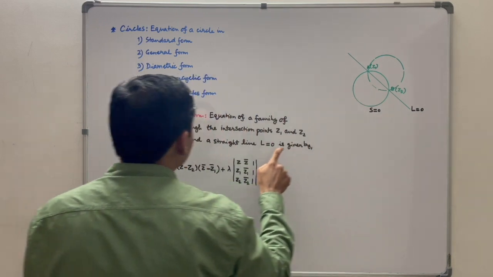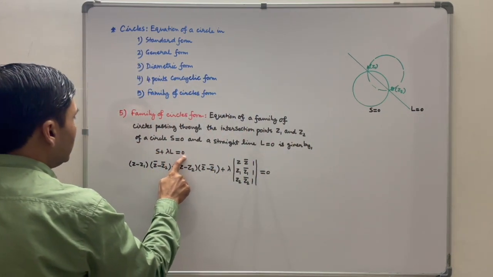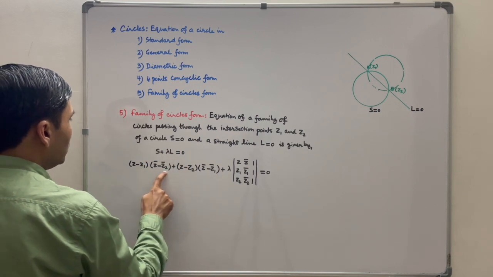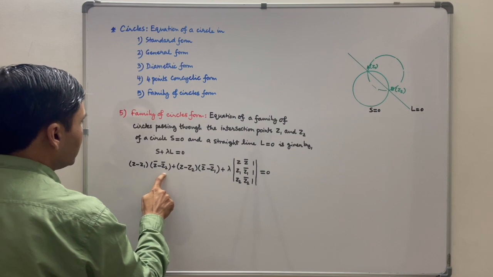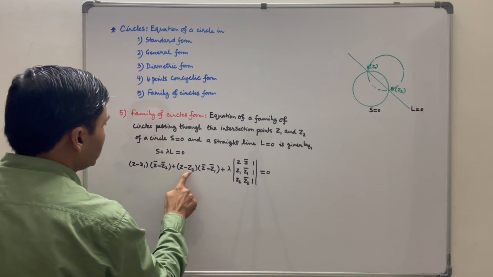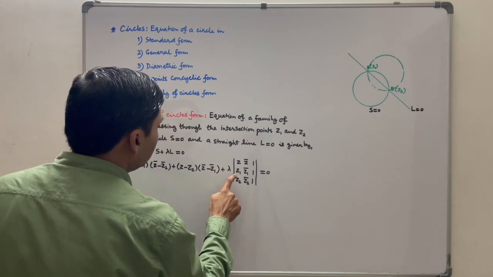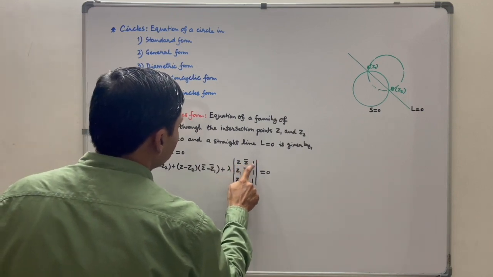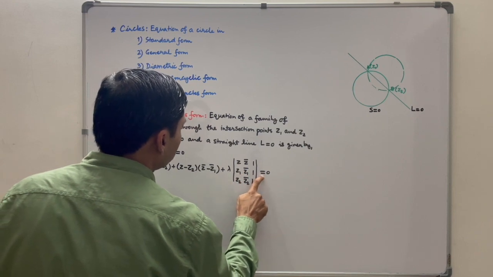Their equation is given by S plus lambda L is equal to 0. In terms of z1 and z2, the equation is given by z minus z1 into z bar minus z2 bar plus z minus z2 into z bar minus z1 bar plus lambda times the determinant of z, z bar, 1; z1, z1 bar, 1; z2, z2 bar, 1 is equal to 0.